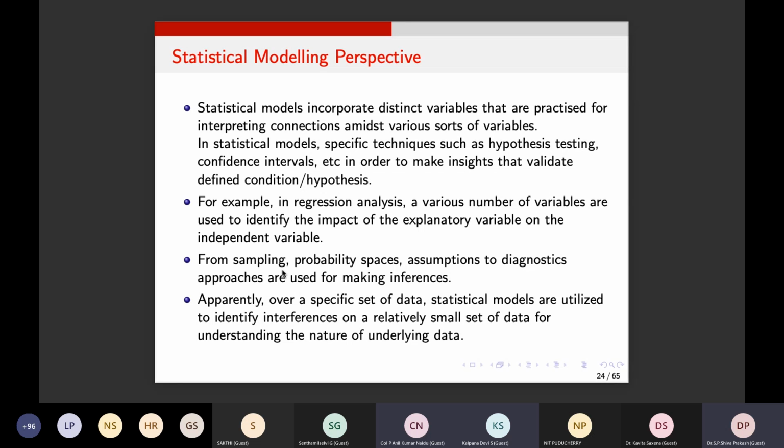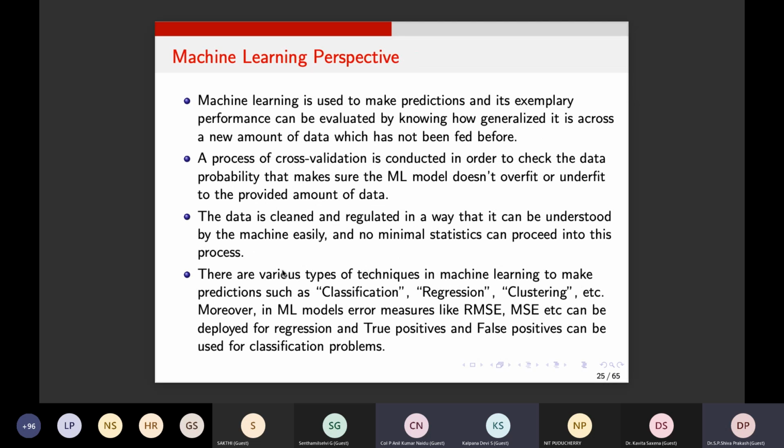Whereas if you try to compare this with a machine learning perspective, it is basically used to make predictions, and its explanatory performance can be evaluated by knowing how well it generalizes across a new amount of data which has not been fed before. Also, cross validation is conducted in order to check the data probability, that makes sure that the ML model does not overfit or underfit to the provided amount of data.